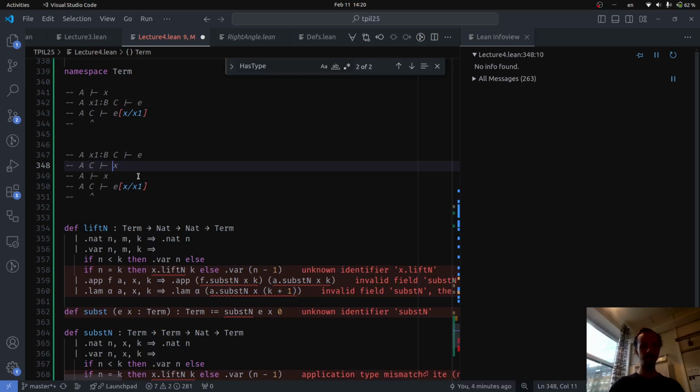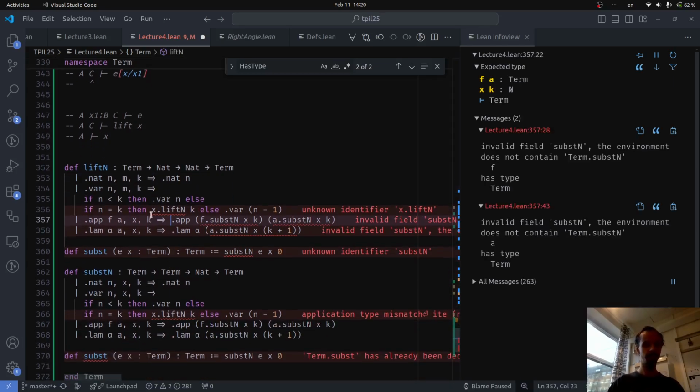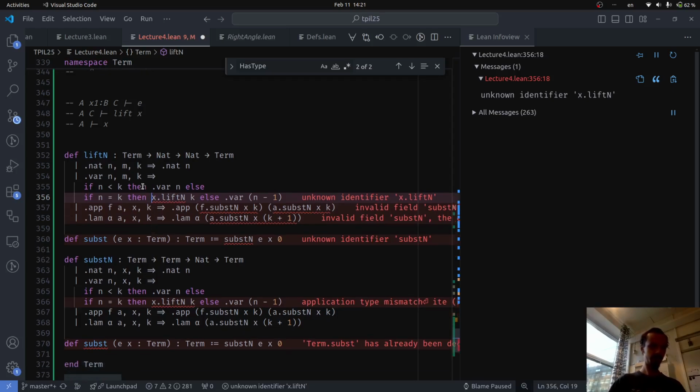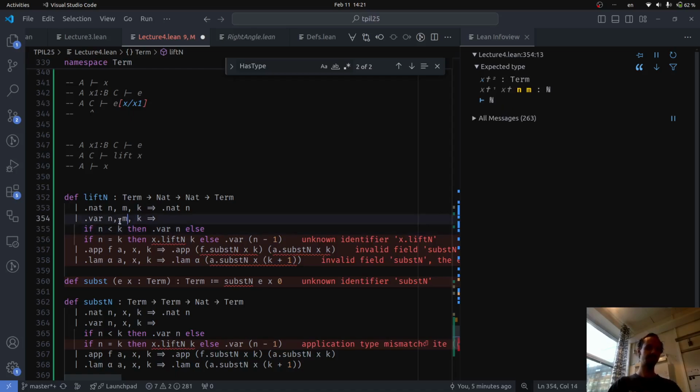So this is like a lift of x. And then the size of the lift is how many variables we've gone under. But the trouble is that x could itself contain lambdas. So if the variable is less than k, so if the variable that we're substituting is less than the number of binders, then again we ignore it because it's one of these local binders.